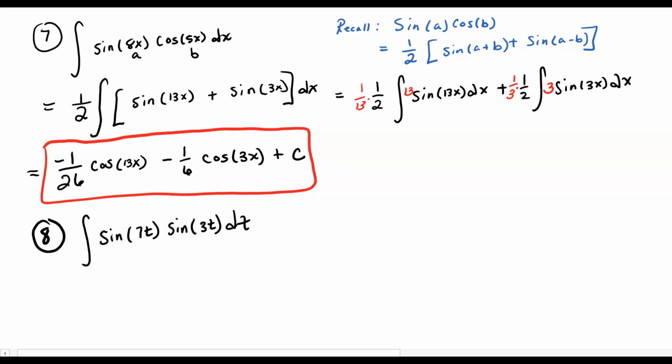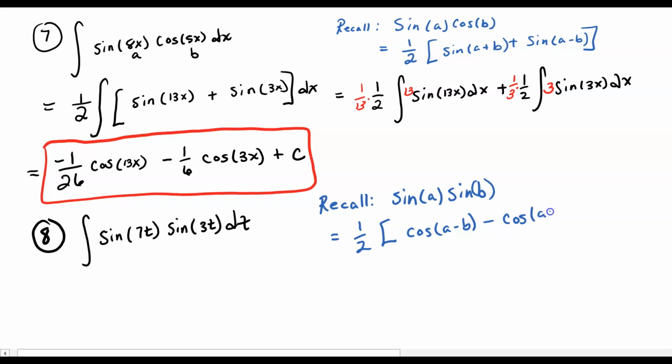This is the case of a product to sum, but this is the case where you have a sine times a sine. So sine a times the sine b is going to be 1/2 again, but in this case you have the cosine of a minus b, minus the cosine of a plus b.